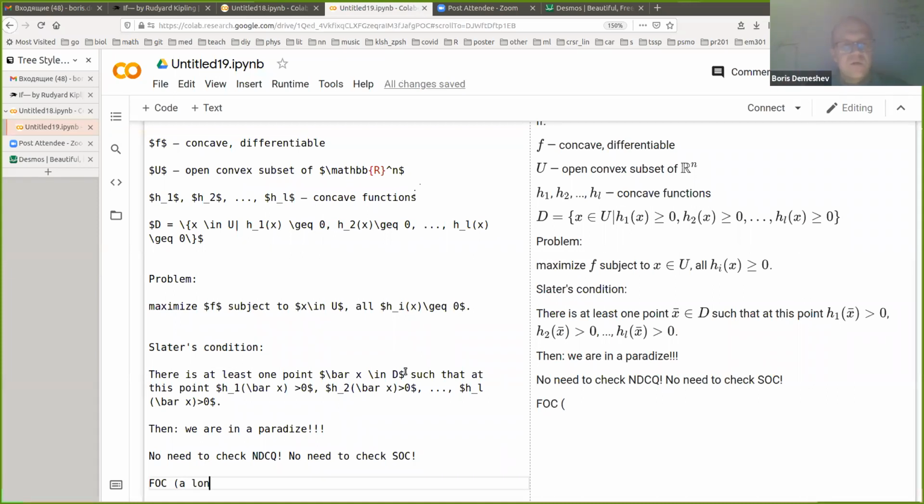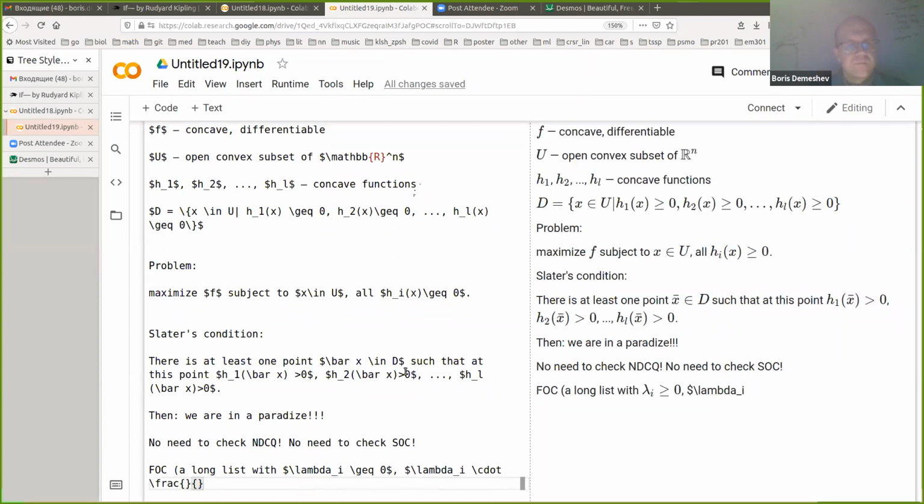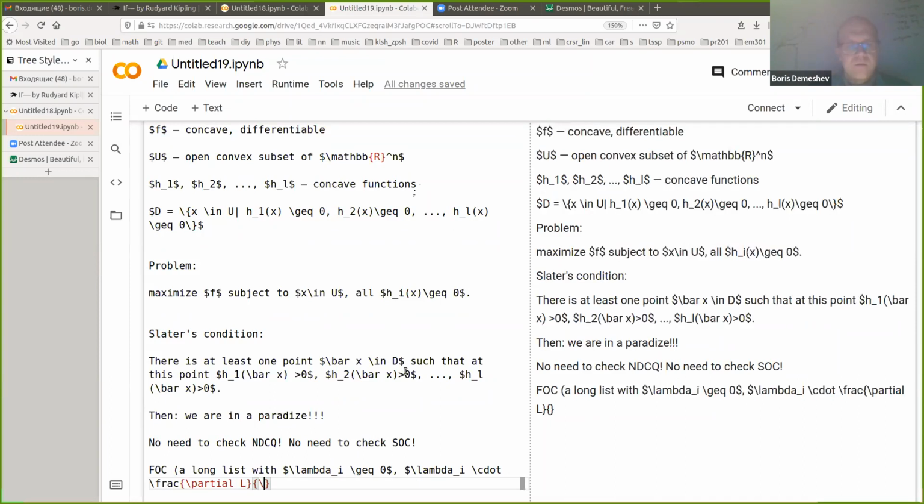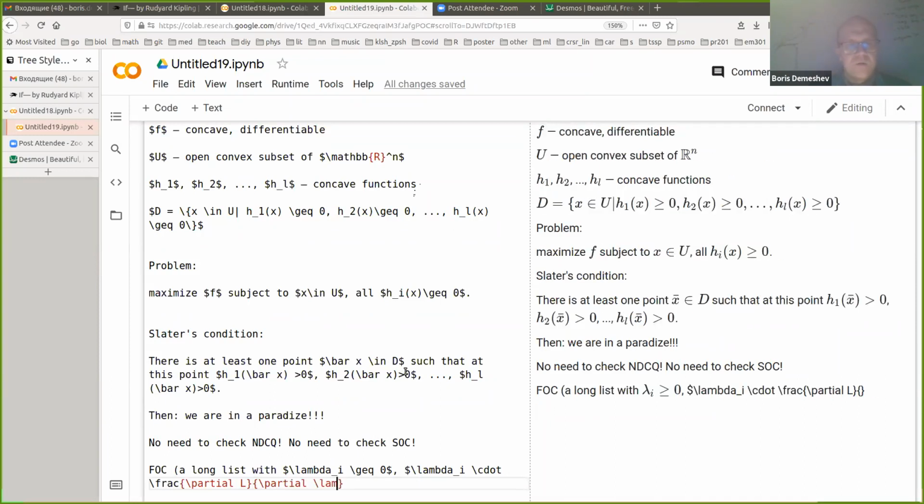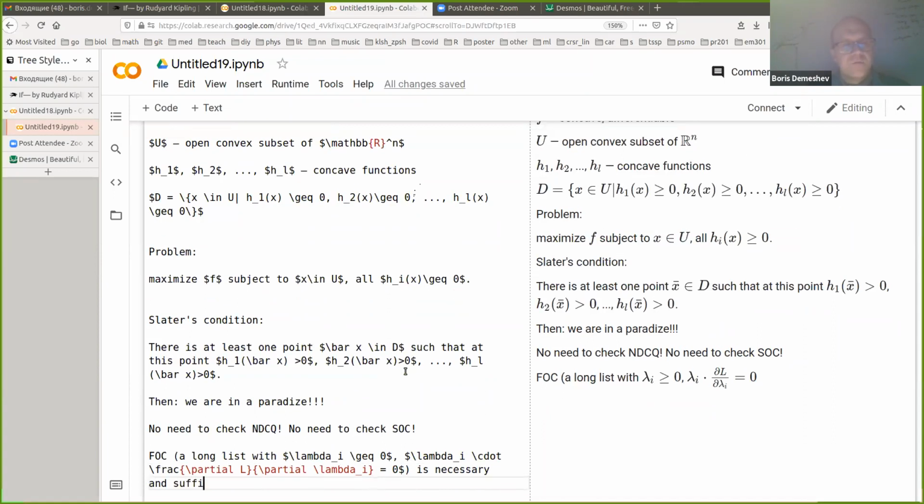So a long list with lambda I greater than or equal to 0, lambda I times partial L partial lambda I equal to 0, is necessary and sufficient.